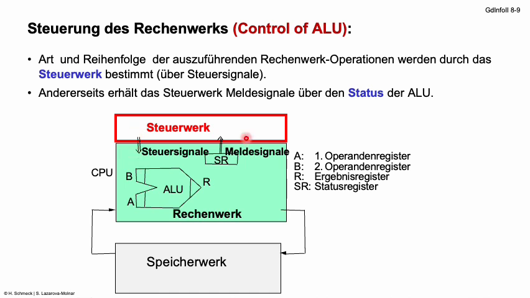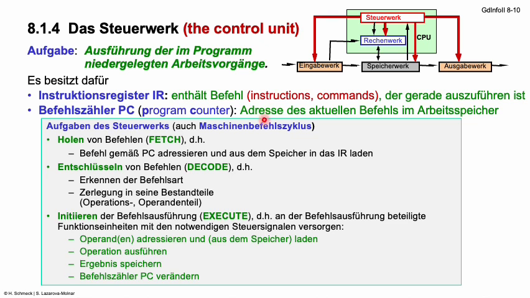So these are the bidirectional control signals that enable the control unit's control over the CPU, over the arithmetic logic unit actually, because the control unit is part of the CPU. The main task of the control unit is basically the execution of the operations that are specified in a given program.